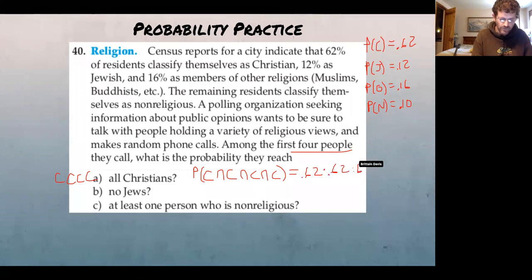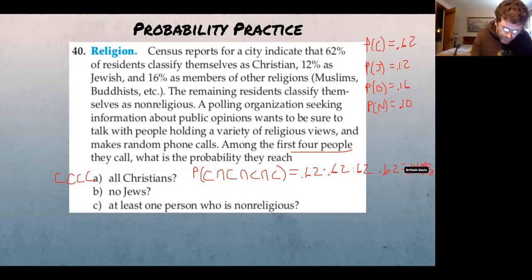And of course, you just do 0.62 to the 4th power. And in this very simple calculation, it's about 14.8%. It's multiple choice, just see what the answer choice is given in, and you'll respond that way.